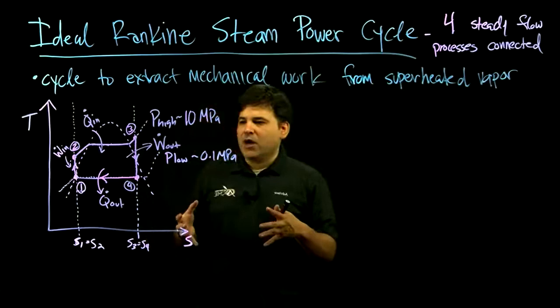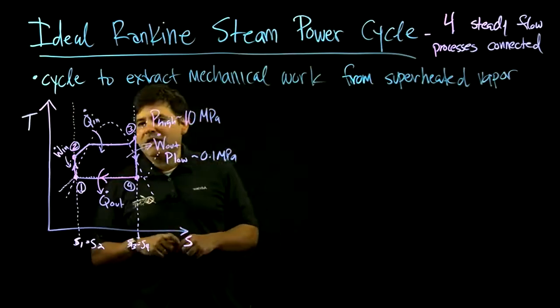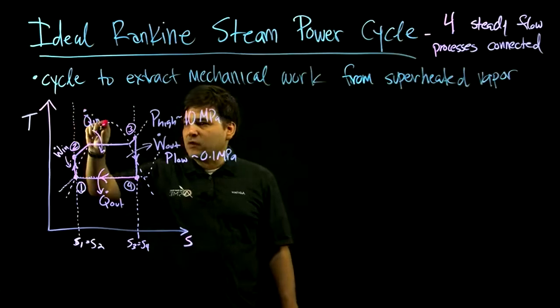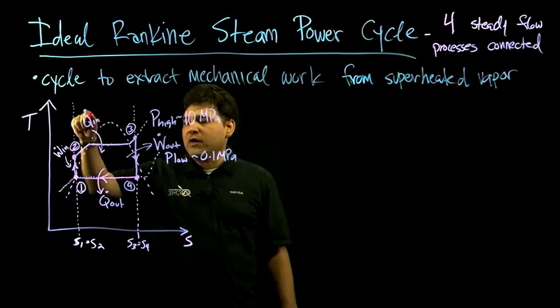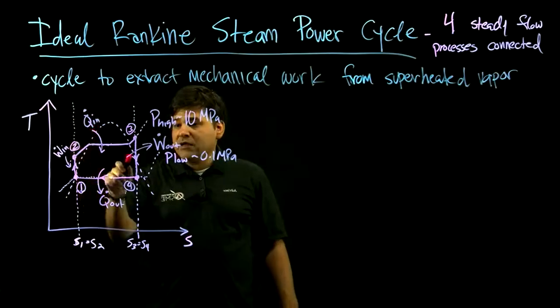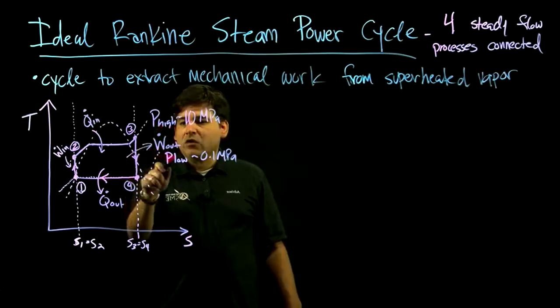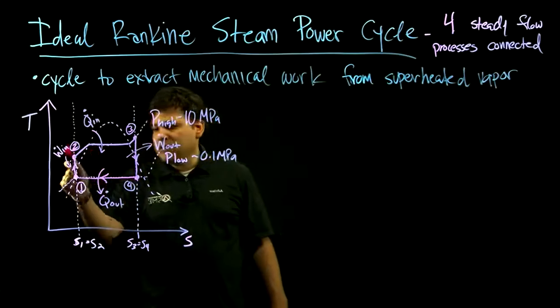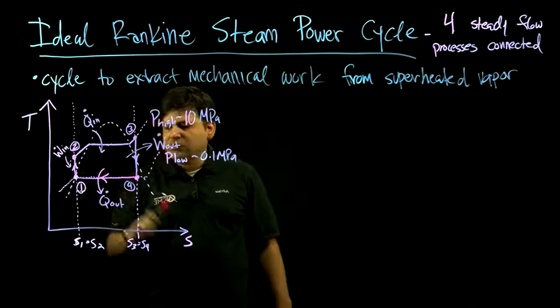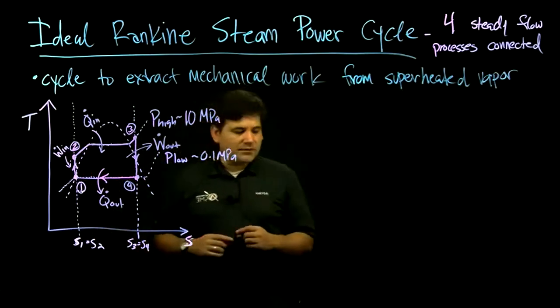That's the good thing about heat engines. The bad thing is that the source of this energy is a high temperature reservoir, coal combustion, or nuclear reaction for a Rankine cycle. And the problem is that you're not going to get all the mechanical work out. You have to put some work in, and you're going to take an L here, getting the liquid back to its original state to keep the cycle going.